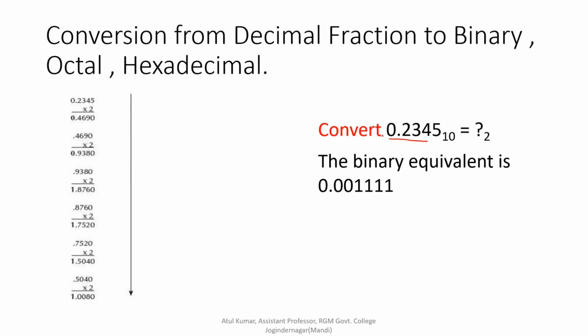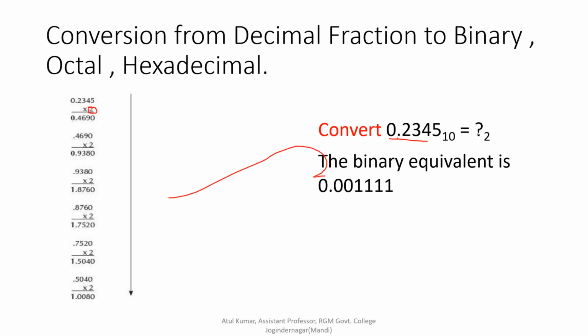It's very easy. In case of a fractional number we have to multiply. In the previous example we had to divide. In case of decimal fractions we have to multiply. After the decimal point, all the digits we have to multiply with the base in which we have to convert.